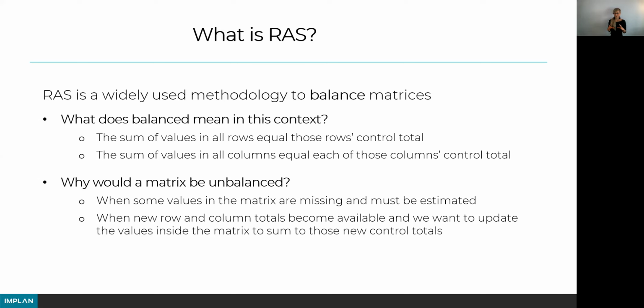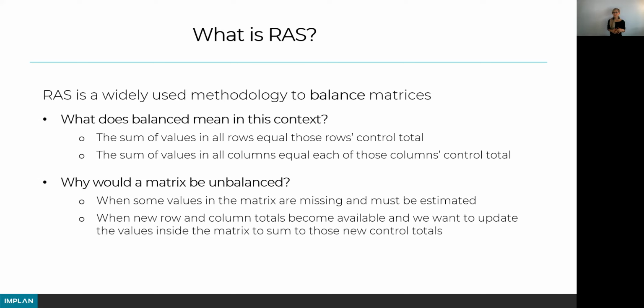Because, as you can imagine, a matrix has rows and columns, and there are some values within that matrix that are missing, and we'll put an estimate in there, and that estimate then must adhere to its row control total as well as its column control total, because each value in a matrix belongs to a row and a column. So obeying both of those at the same time with our first estimate would be quite the feat.